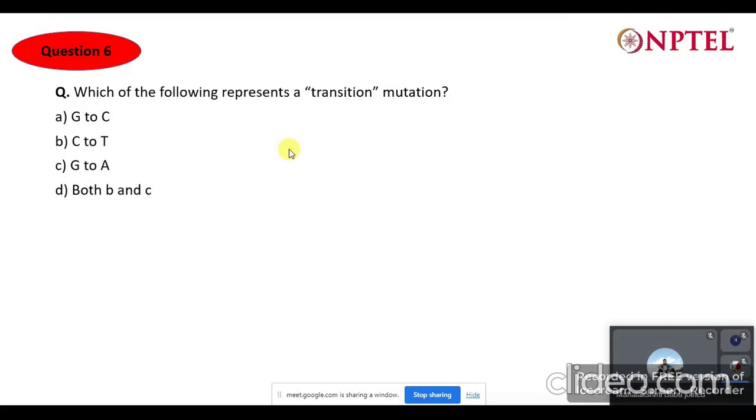Yeah, so question 6, which of the following represents a transition mutation?